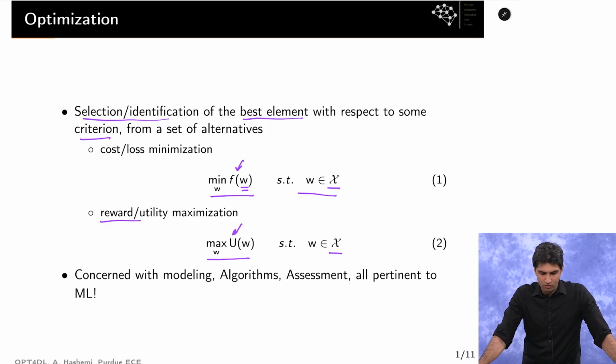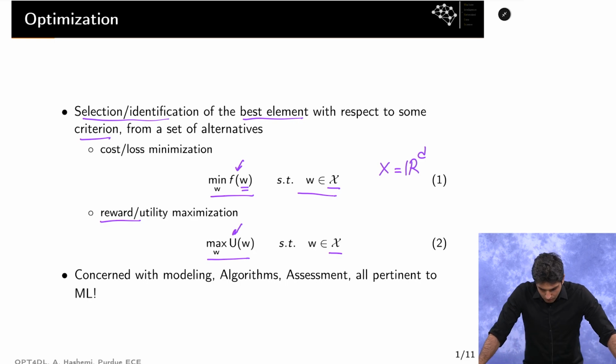For most of the topics we're going to talk about in this course, the mathematical optimization problem is an unconstrained problem, meaning that x is essentially just the whole Euclidean space, R^d. All right, so this is the goal of optimization, and we are concerned with modeling, algorithms, and assessment, and all of these are pertinent to machine learning, therefore to our course.